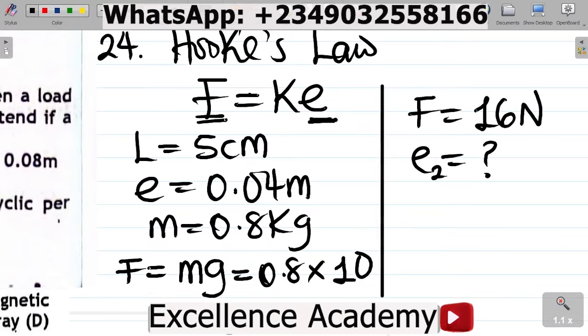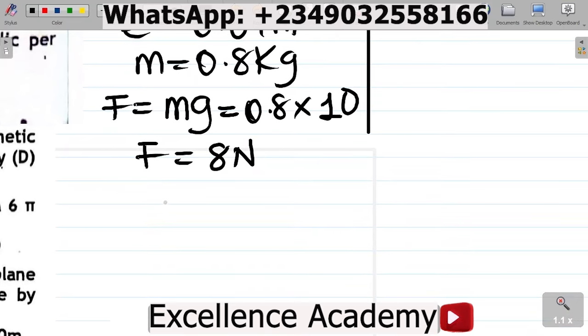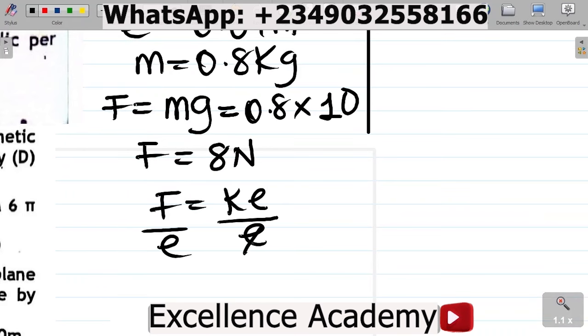Now, in the first case, observe that I have the value for force and also extension. Let's get the value of K, which is the constant. Recall, F is equal to Ke. To get the value of K, I'll divide both sides by e. This cancels this.